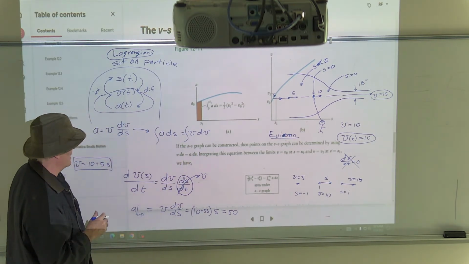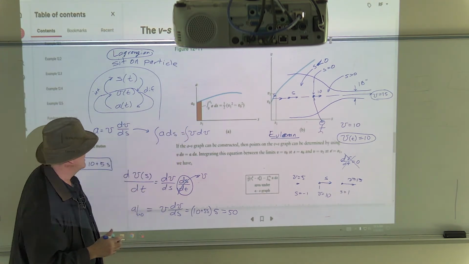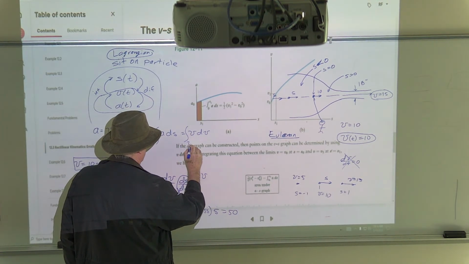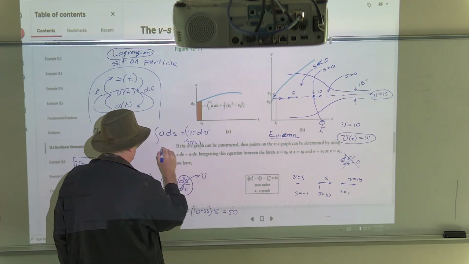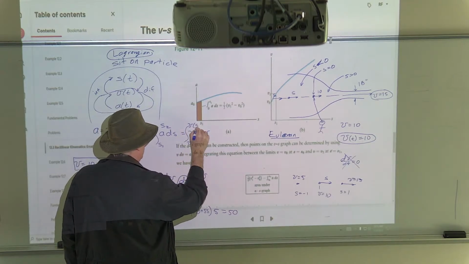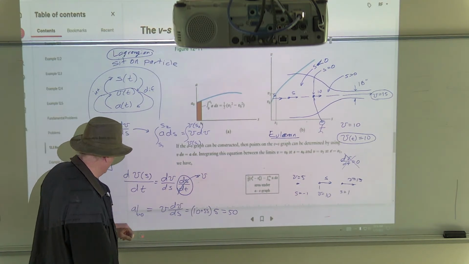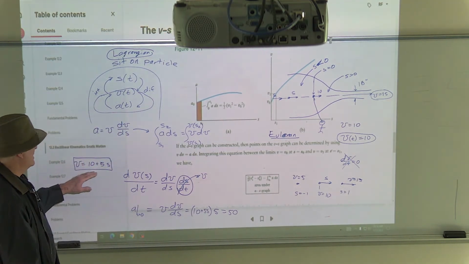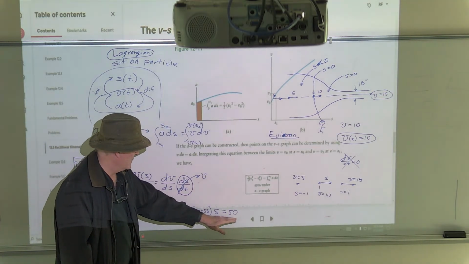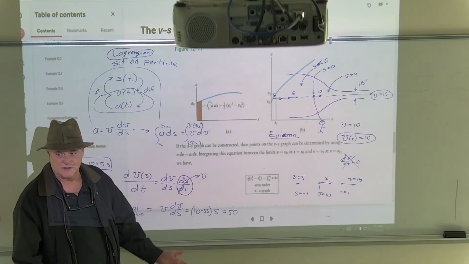So you can start integrating. And this is the part where you've got to match the bottom and you might match the top. So you say velocity at S1, and this is going to be S1, and this is going to be S2, and the velocity at S2. So if I had the acceleration of 50, and I stuck this 50 in, it doesn't have to be 50, it just so happened it came out to be 50.